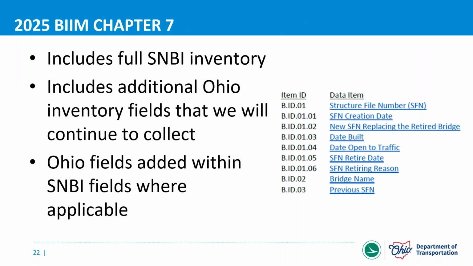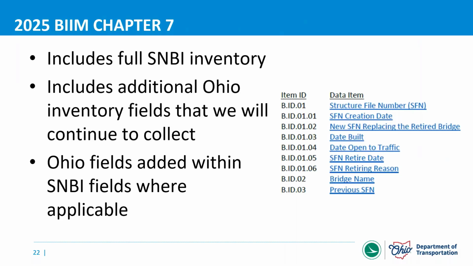And on the right here, this photo is showing a small example of this, where all of our Ohio fields previously were numbered based off of the NBI format, right? The NBI was just numerical. So a lot of our Ohio fields were 3-digit fields.